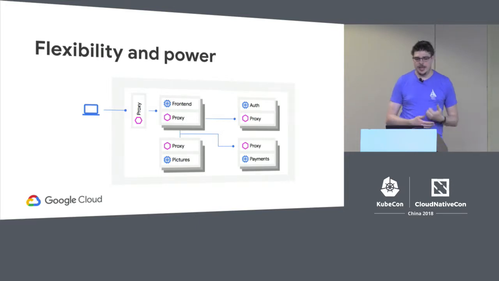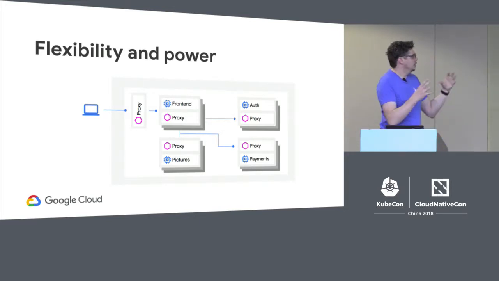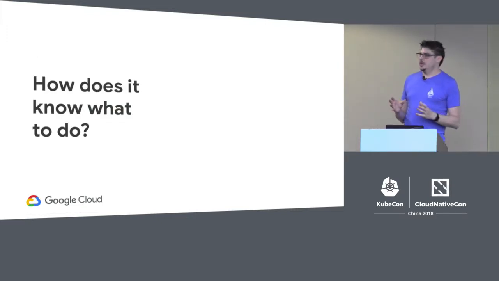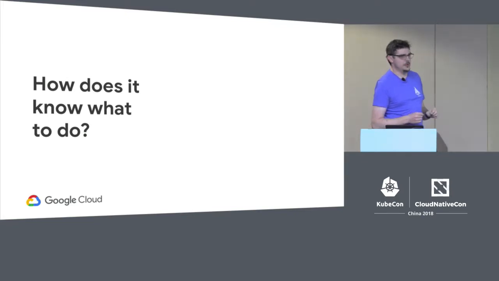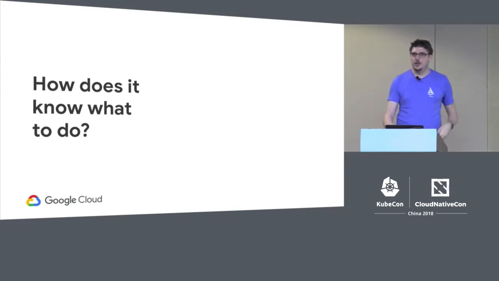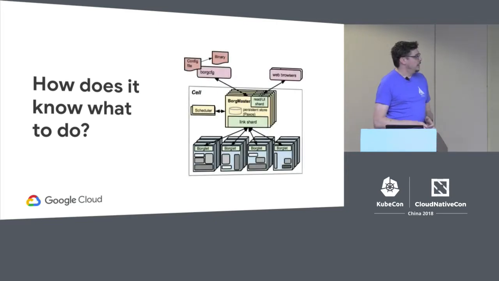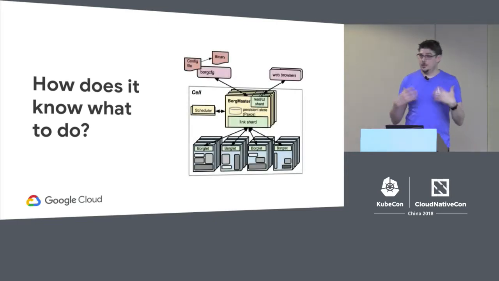Again, we're still talking in the abstract here about what becomes a service mesh. So then, once you've got all of these proxies running along with your backends and an ingress proxy so that you can work on traffic from outside, how does it know what to do? Well, we already have a pattern for taking a lot of nodes and telling them what to do. And it's the Borg pattern, or what became the Kubernetes pattern.